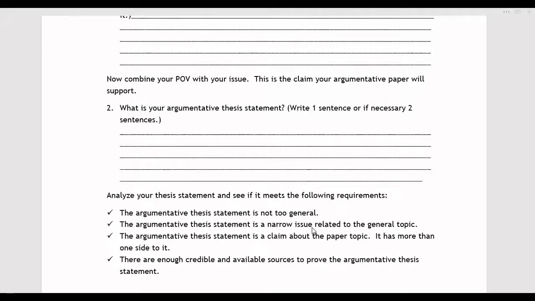And you also want to make sure the thesis statement you wrote has enough credible and available sources to actually prove it. This will take you through all of the steps you need in developing your thesis statement. And from there, that will guide everything you do in writing your argumentative paper.